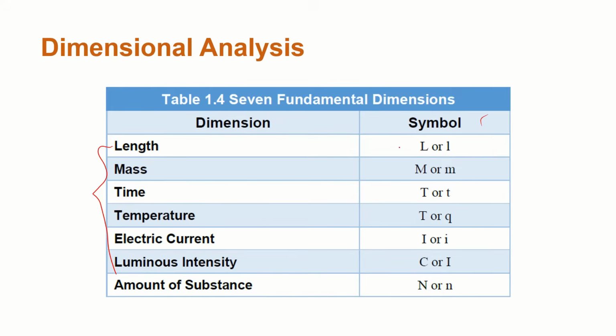So, yung corresponding symbol, yung length, ito yung gagamitin natin, capital letter L. For the mass, capital letter M. For time, capital letter T. For temperature, yung small letter Q na lang ang gamitin. And then, electric current, kung meron man, capital letter I. Luminous intensity, capital letter C. And for amount of substance, capital letter N.